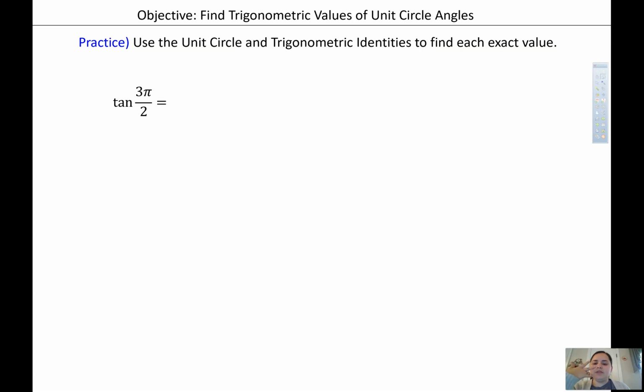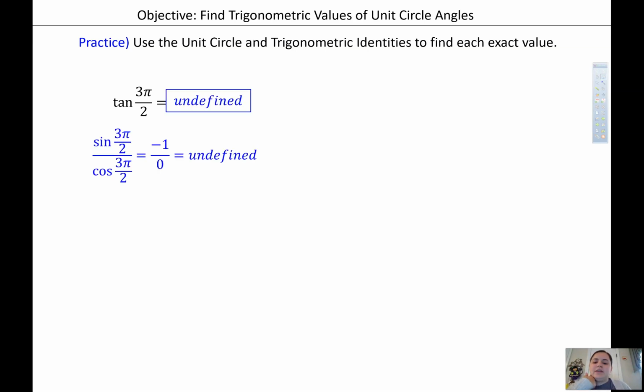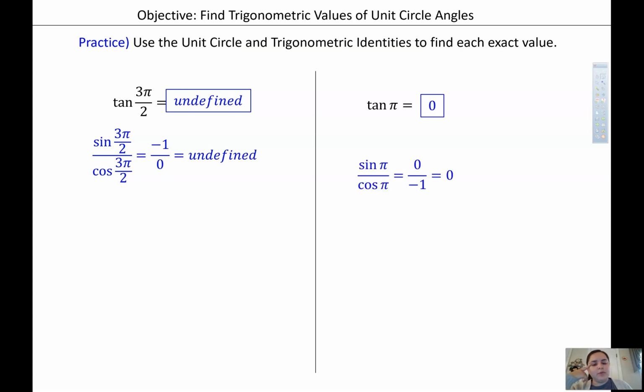Tangent of 3 pi over 2, that is your 270, so tangent is going to be undefined. Negative 1, 0. You can't divide by 0, so it's undefined. And then tangent of pi, that is going to be 0. The difference between those two is you can't divide by 0, but you can divide by negative 1. 0 divided by anything is 0, versus anything divided by 0 is undefined.